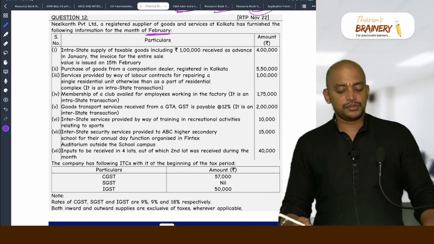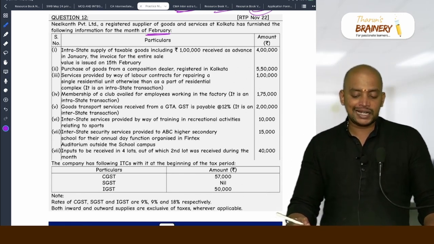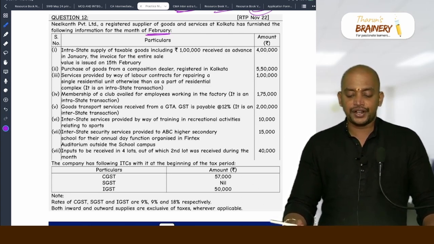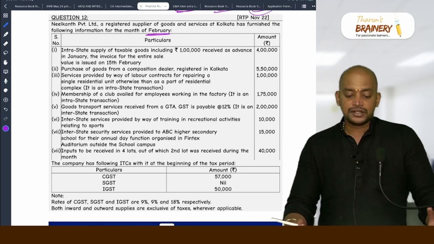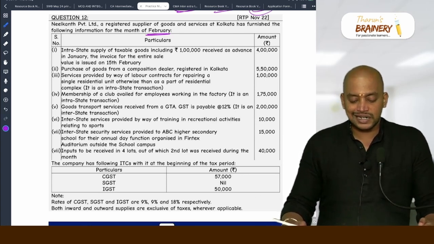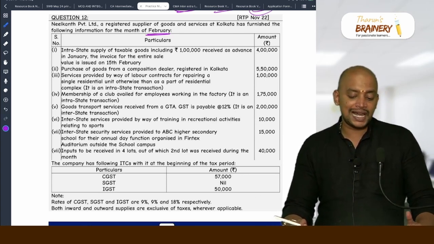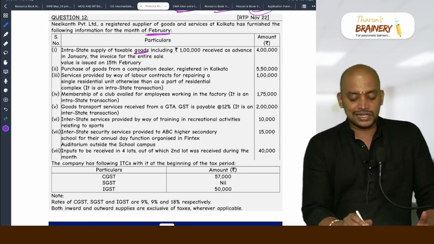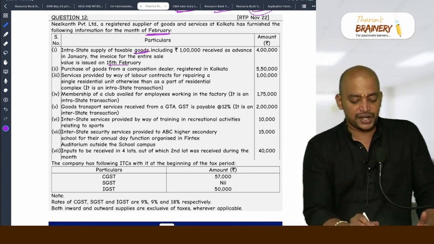Intrastate supply of taxable goods, including 1 lakh received as advance in January. The invoice for the entire sale value is issued on 15th February. So goods advance received in January, but invoice on 15th February.